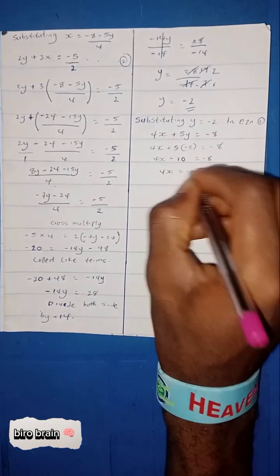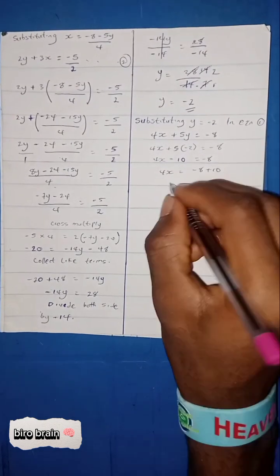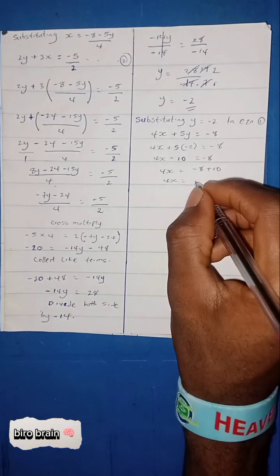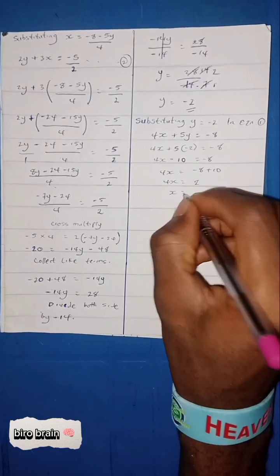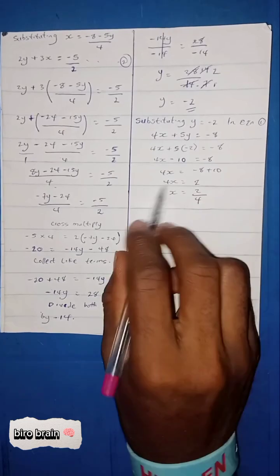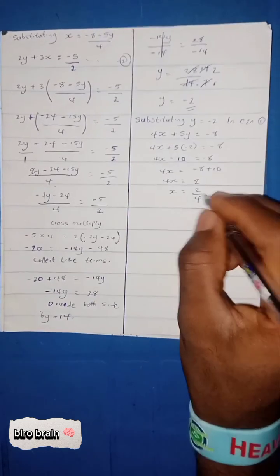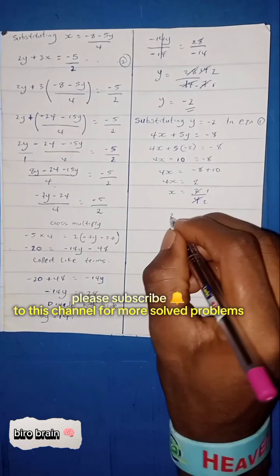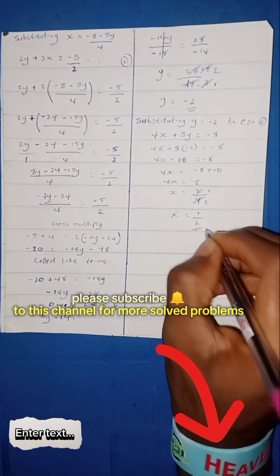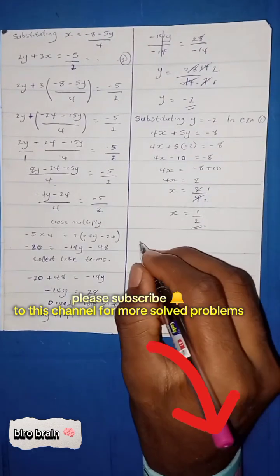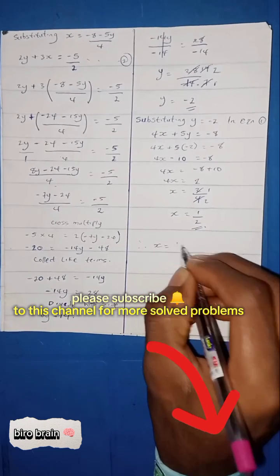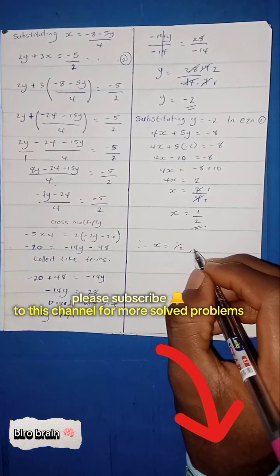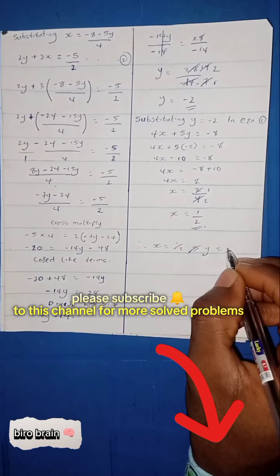So we have 4x equals minus 8 plus 10. 4x equals 2. So x equals 2 over 4, when you divide both sides by 4. So 2 into 4, that's 2. 2 into 2, that's 1. So we have x equals 1 over 2. And this is the answer. So therefore x equals 1 over 2 and y equals minus 2.